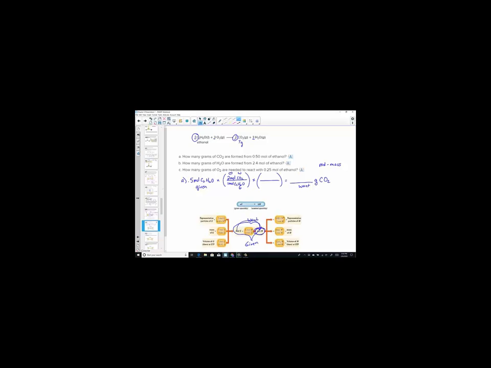So now I'm standing right here. I need one more step, and that's to get out to grams. We know that converting from moles to grams requires the molar mass as your conversion unit. The molar mass of carbon and oxygen, that gives me 32 and 12, that's 44.01 grams.